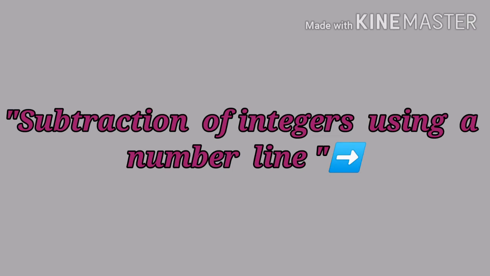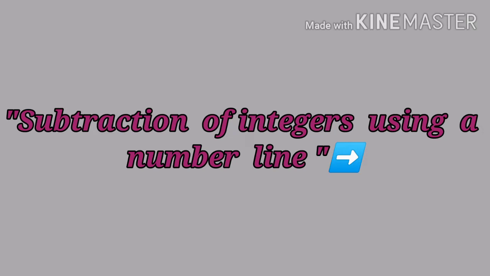First, let us see how we are going to subtract integers on the number line. Students, in the process of subtraction, we are going to use the terminology operand. Say first operand and second operand. First operand is the one which is given in the subtraction problem first.